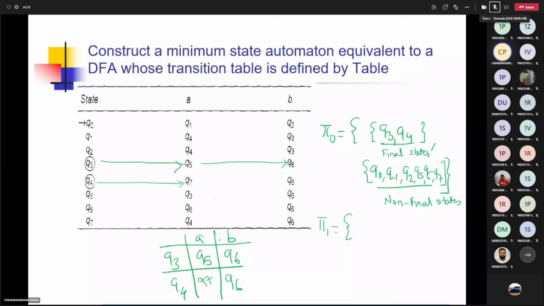So are they equivalent or not? Can anyone tell me? Are they still equivalent? Should I write down Q4 also here?